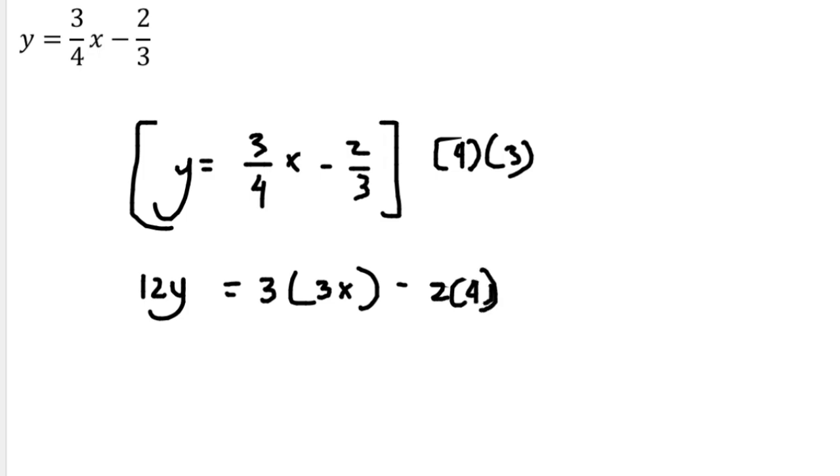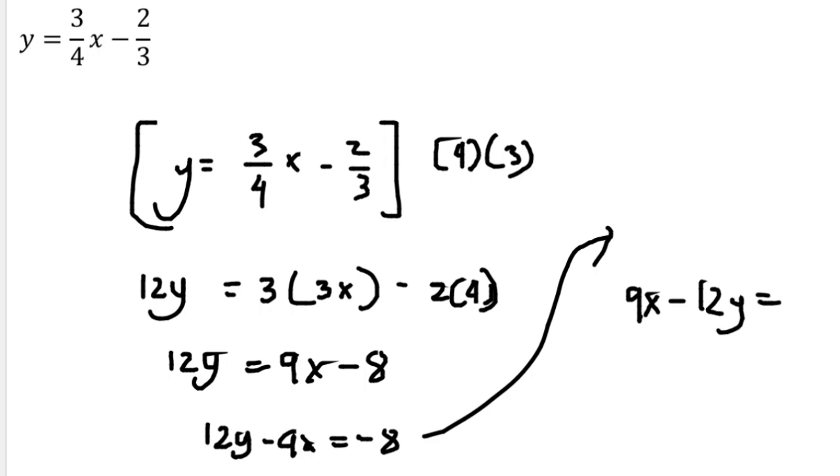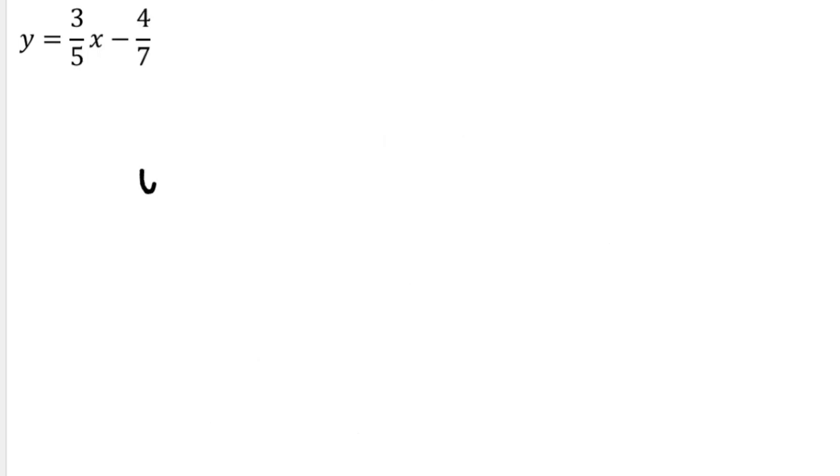We can cancel all of them if we distribute it. So we got 3 times 3 here, 9x minus 8. We can move 9x to the left side of the equation, so that's going to be negative. And we got 8. Now we can multiply both sides of the equation by negative 1, or divide all of them by negative 1. So we got this. This is the standard form.